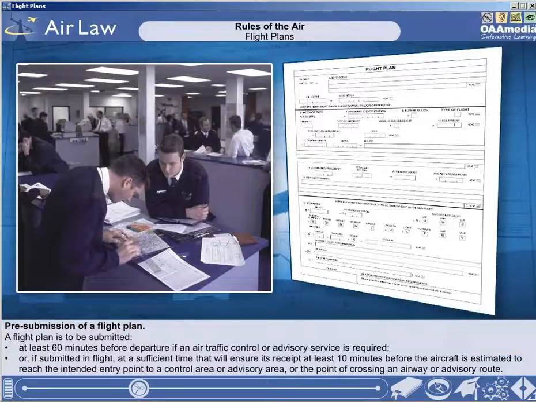Unless otherwise required by the ATS authority, a flight plan is to be submitted at least 60 minutes before departure, or if submitted in flight, at a time that will ensure its receipt by the appropriate ATSU, at least 10 minutes before the aircraft is estimated to reach the intended entry point to a control area or advisory area, or the point of crossing an airway or advisory route.